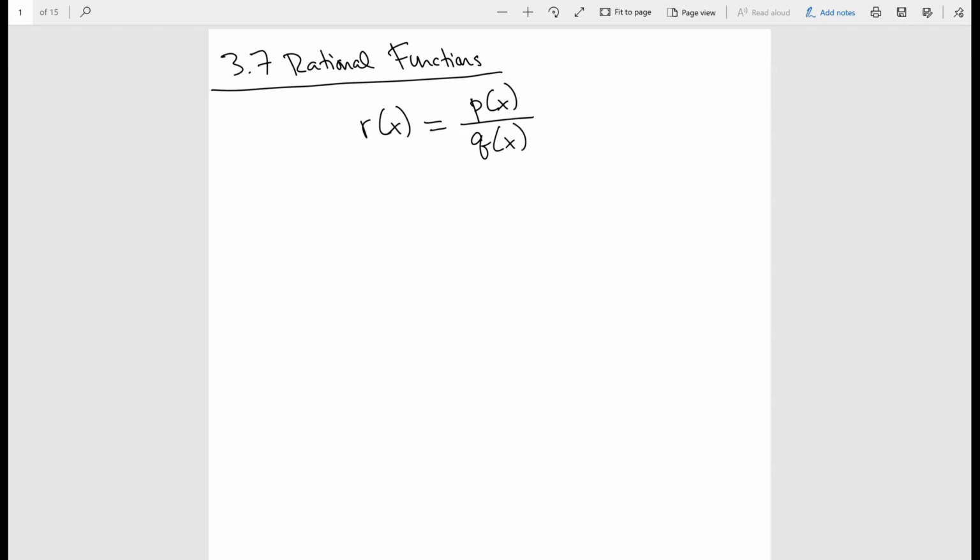Here p of x and q of x are polynomials, so you are basically just dividing these two polynomials together.